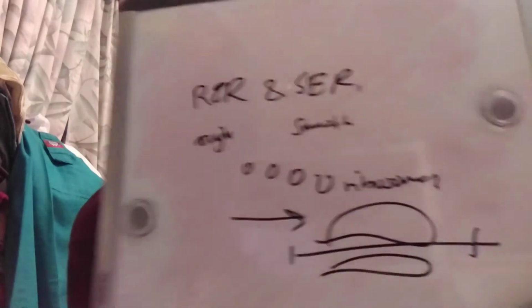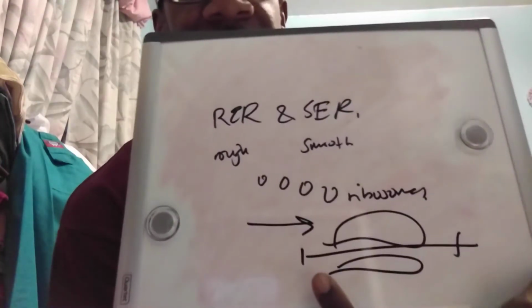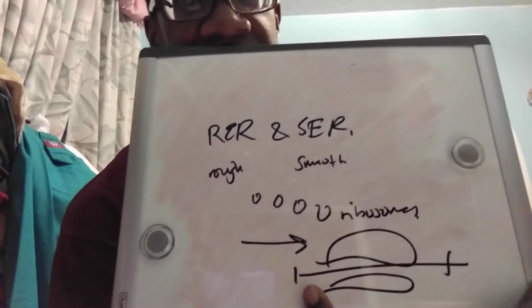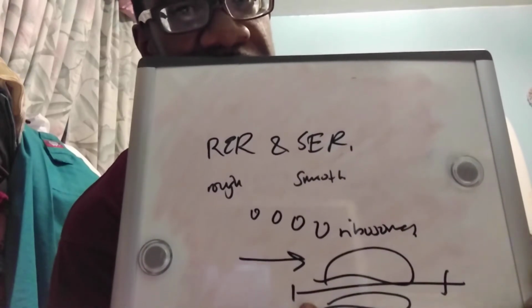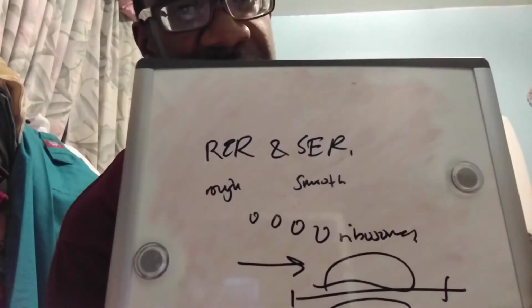And these aid in protein synthesis. Okay? So that little line there is, say for instance, mRNA, and you get the two ribosomal subunits.